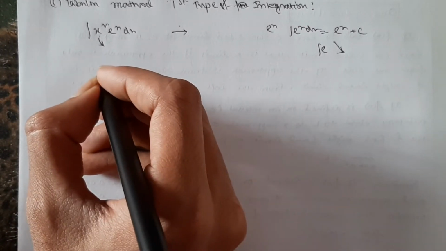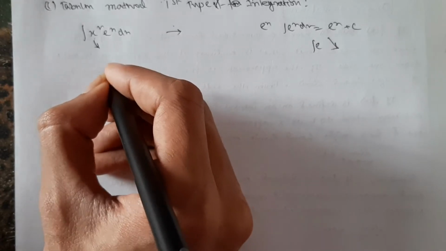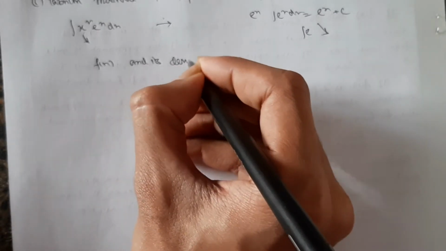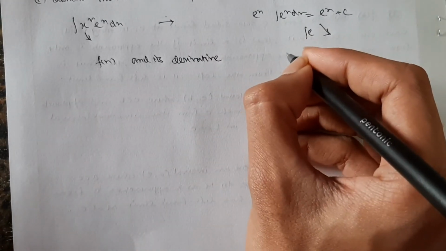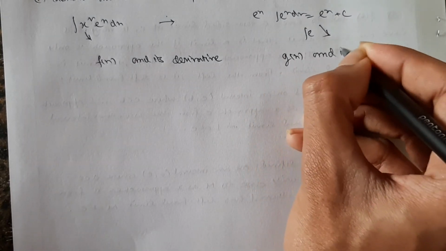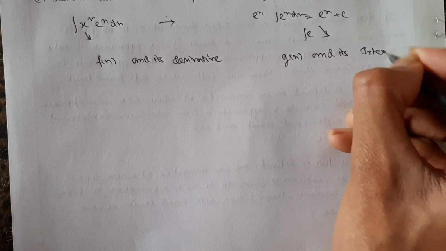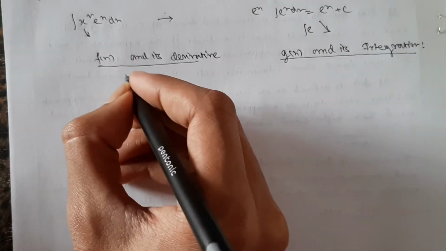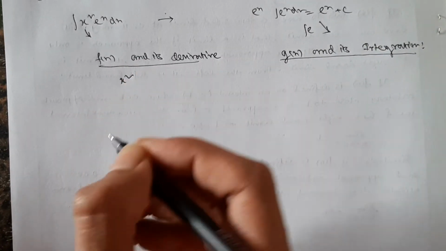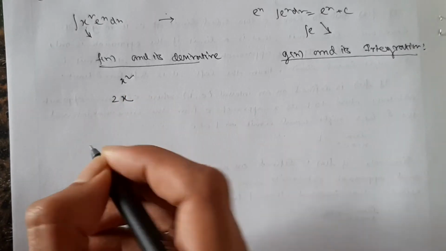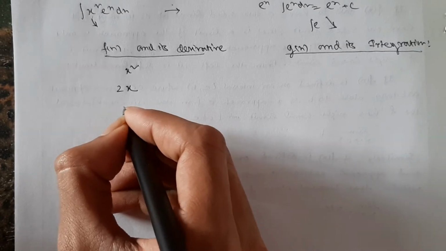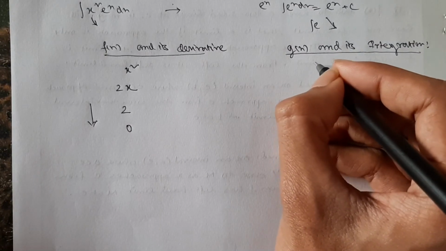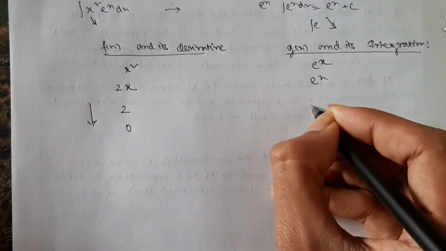By choosing the first function f of x and its derivatives, and the second function g of x and its integrals, we write down x square, 2x, and 2, and 0, so it is reduced to 0, and it can be integrated repeatedly: e to the power x, e to the power x, e to the power x.